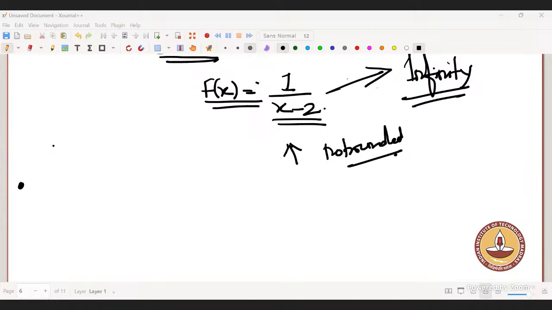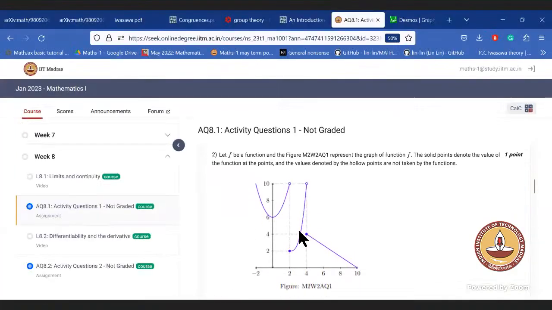No, this passes through 6 when x equals 0, right? But what it's asking is to find the limit at 2. This is your 2, right? If you go along this vertical line, this is where it crosses the graph.